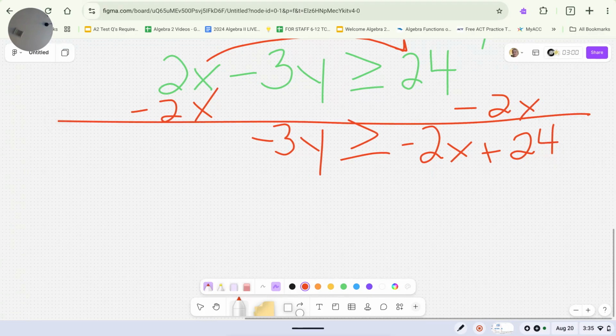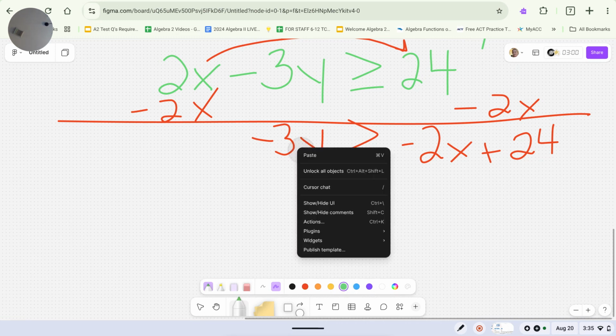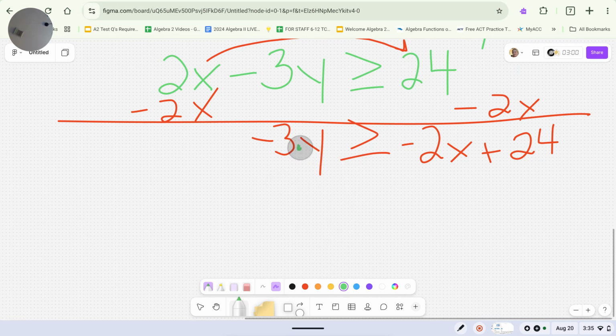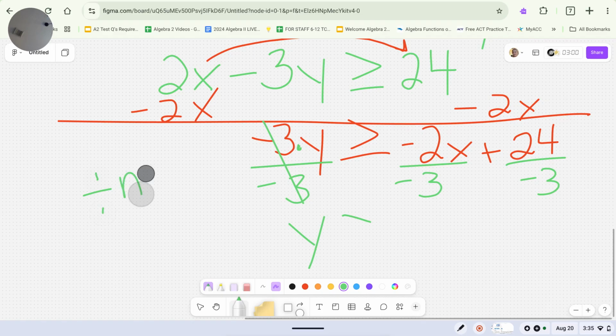So I was still not done. I'm still not out of the woods until I separate this 3 that is multiplying y. So I divide by whatever's in front of y, which in this situation is negative 3, and I have y by itself now. Except what happens when I divide by a negative, kids? The sign flips.